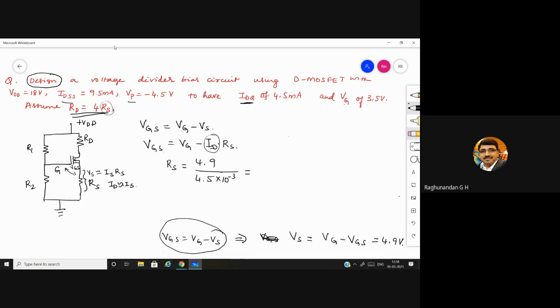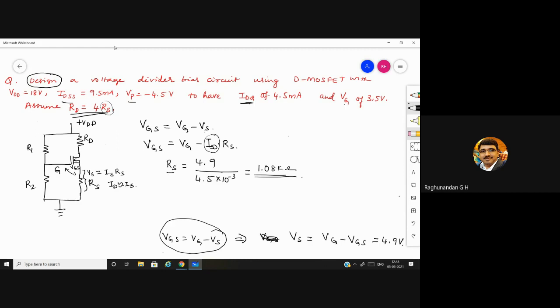Yes, someone told some answer. 1400. 1.4 kilo ohms. Okay. Any other answer? 1088. 1.088 kilo ohm. It's 1.08 kilo ohm. So 1.08 kilo ohm is the answer.